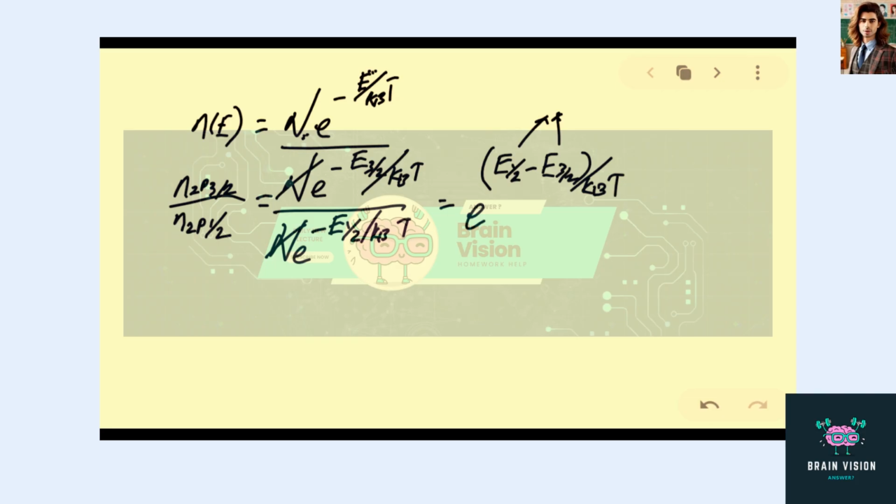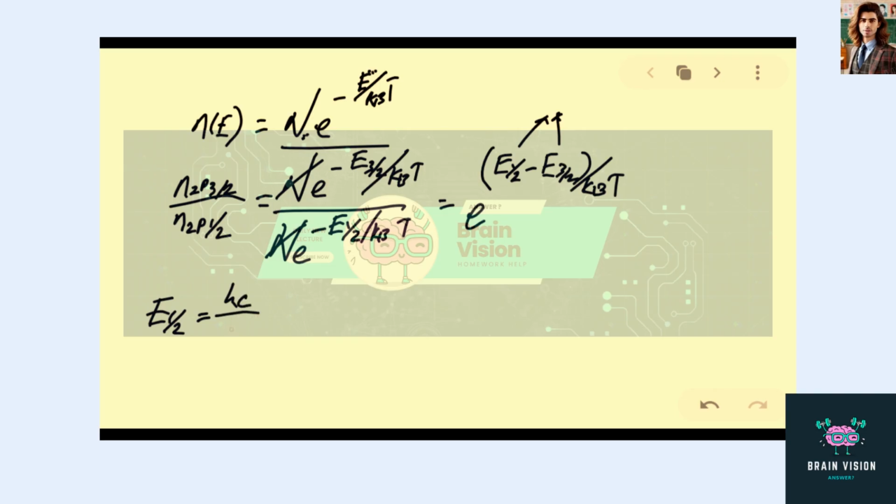And the way that we're going to do that is by looking at the photons being emitted. We are given the wavelengths of the photons emitted from each of these excited states, so we can find the energy based on the photon that is emitted.